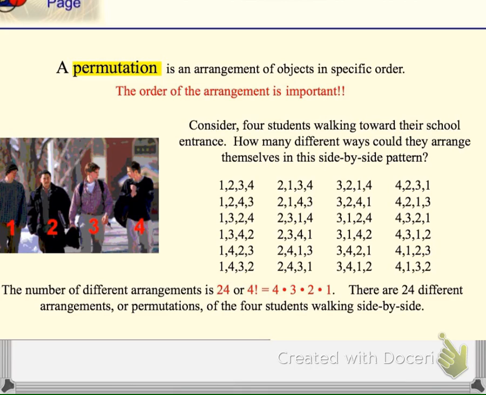So we see our 24 different combinations here, but they're showing you that a quicker way to do that is to do 4 factorial. And we're going to talk about what that means in a minute. 4 factorial, which means do 4, the number in the first position, times 3 times 2 times 1. There's 24 different arrangements or permutations of students walking side by side.